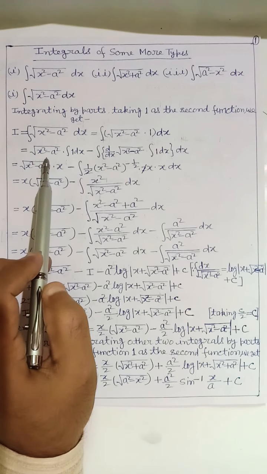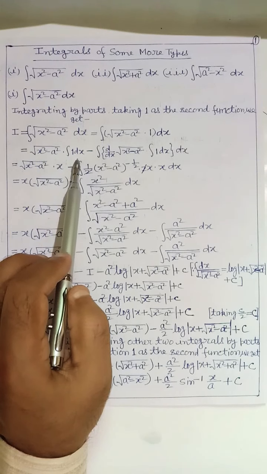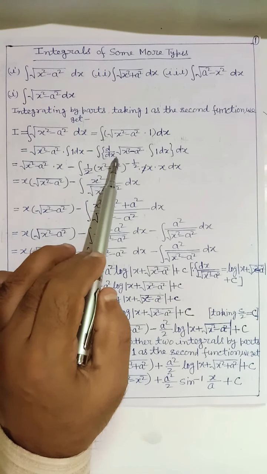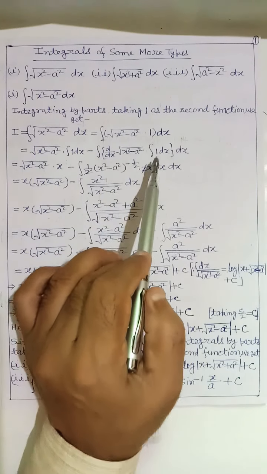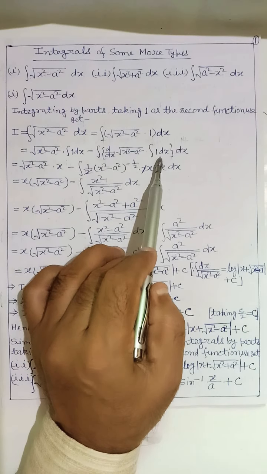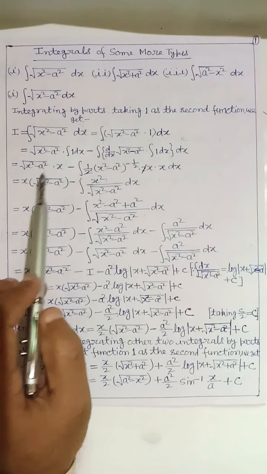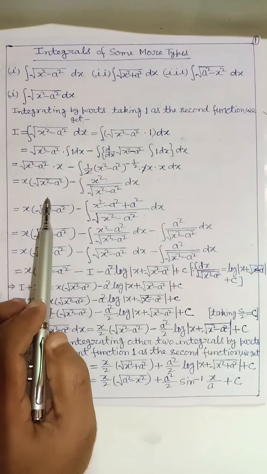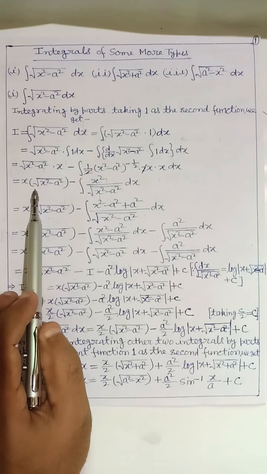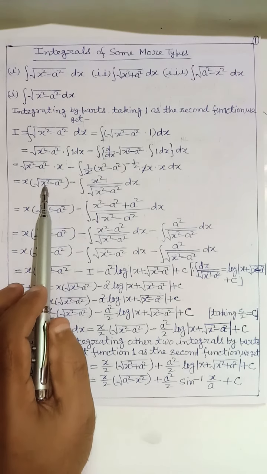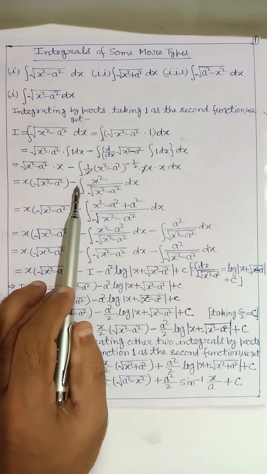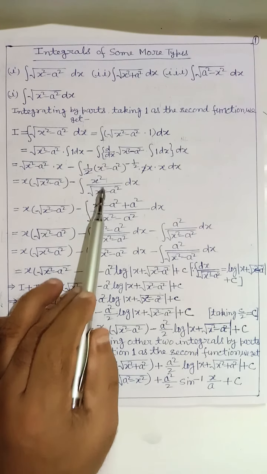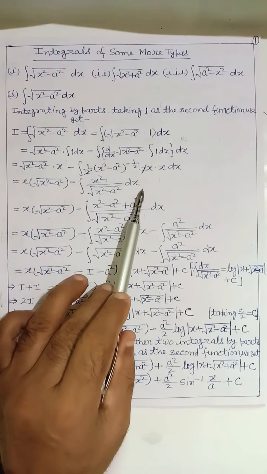First function into integral of second minus integral of derivative of first into integral of second. Here we simplify and we get x into square root of x square minus a square minus integral of x square by square root of x square minus a square dx.